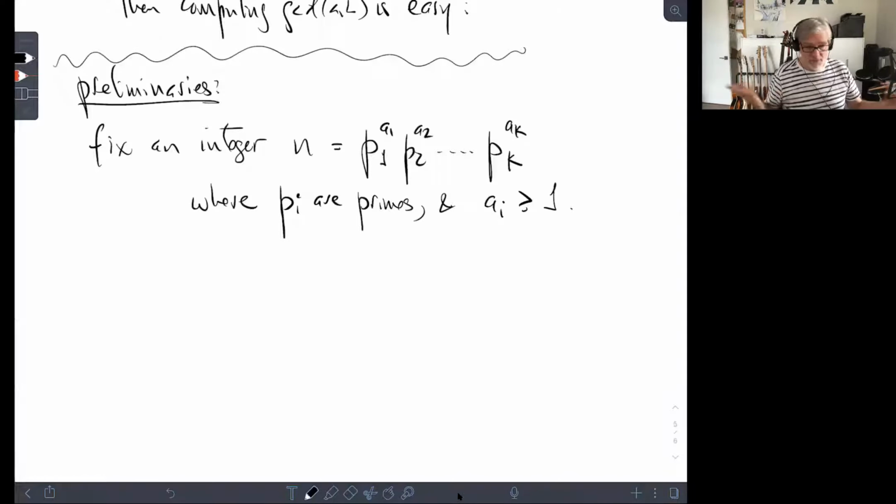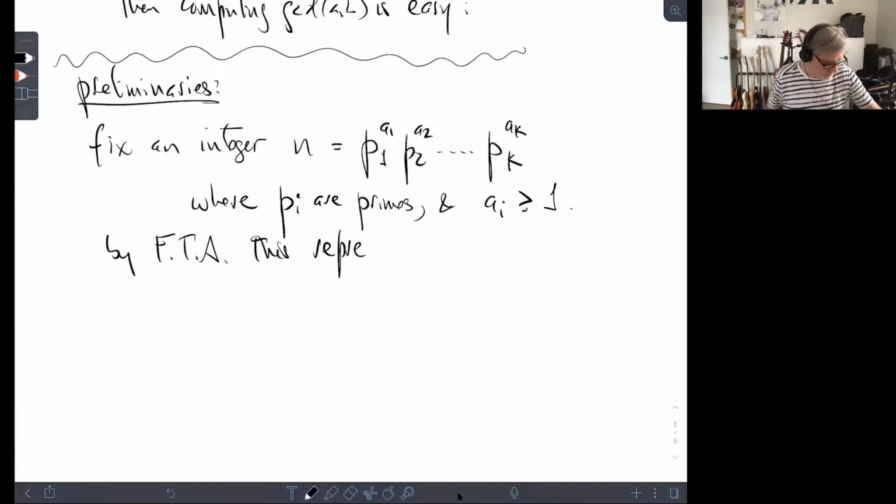You don't want to put a 0 there, then you don't need to put the prime. I will tweak that in just a sec. But this, by the fundamental theorem of arithmetic, is unique. This is the only way to do this. So by the fundamental theorem of arithmetic, this representation exists and it is unique.